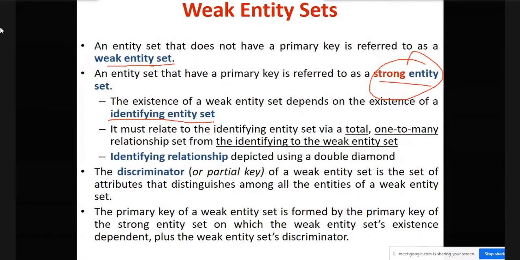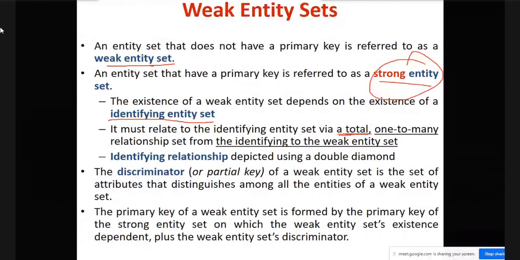Identifying entity sets mean strong entity sets. It must relate to the identifying entity set via a total or one-to-many relationship. Always, when you have a weak entity set, that weak entity set is connected to the relationship via total participation.